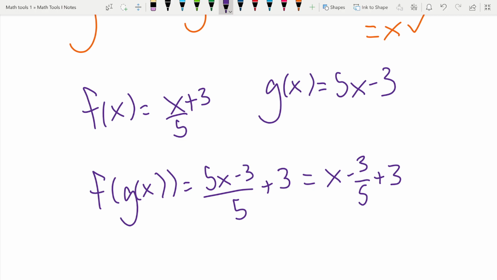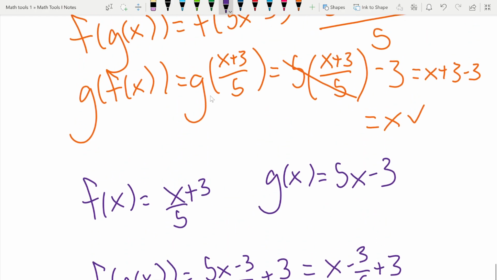So the problem lies in the order of operations here, right? f is dividing by 5 and then adding 3. g is multiplying by 5 and then subtracting 3. For them to be inverses of each other, you would also have to invert the order of operations between the two. Okay. In order for it to completely undo what the other one does.